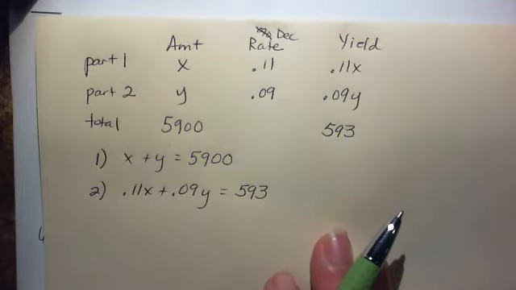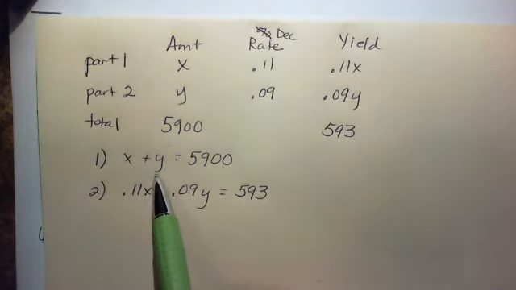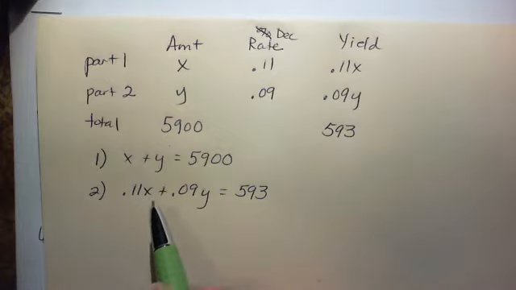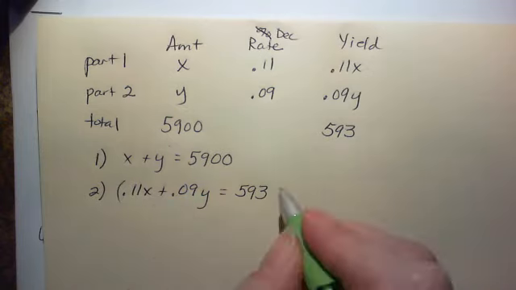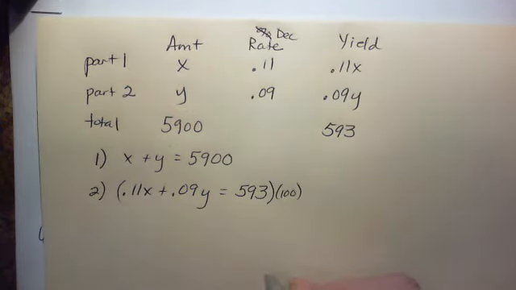We want to work with these two just like we would any system of equations. We have a system of two equations and two variables, and so we'd like to use substitution or elimination, and I believe that we'll rewrite these to use elimination. So the first thing I might do is multiply through equation 2 to clear the decimals.